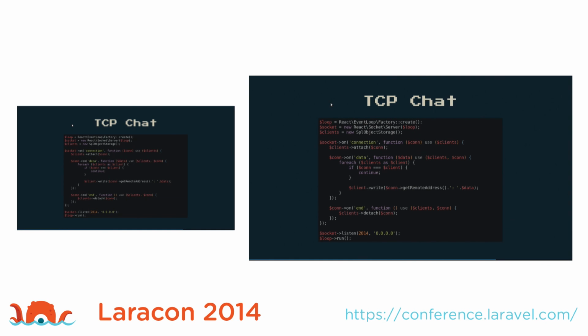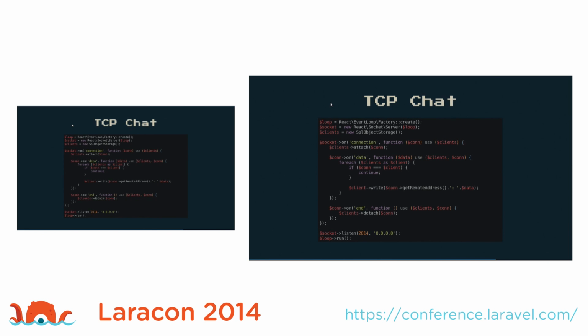So what's basically going on here is we create the loop. We create a socket, and I'm going to use SPL object classes because those are great. I always try to find excuses to use SPL object storage or the exception classes. This is going to be the socket server, so just TCP connections. As connections come in, we want to track them so that we know who all the clients that are actively connected are.